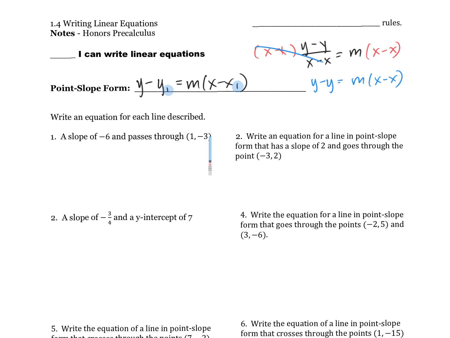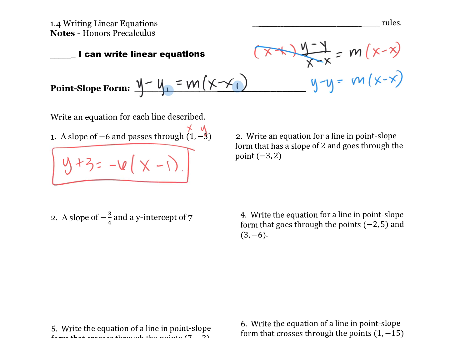My point is 1, negative 3. 1 is my x, negative 3 is my y. So I'm going to say y minus, because of that minus sign, negative 3 would really just be y plus 3, equals my slope. What was my slope? Negative 6, times x minus 1. Guess what, guys? You're done.